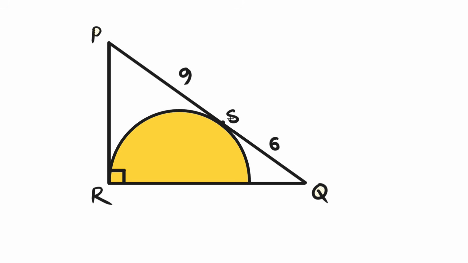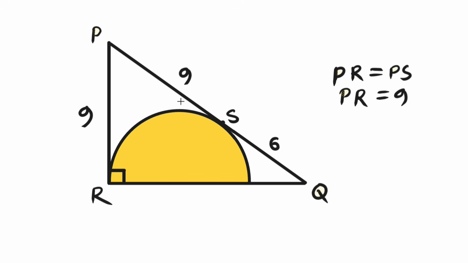Therefore, since PS equals 9, we immediately know that PR also equals 9. So we can write PR equals PS, and therefore PR equals 9. This is a very useful first step because now we know one of the legs of the large right triangle.